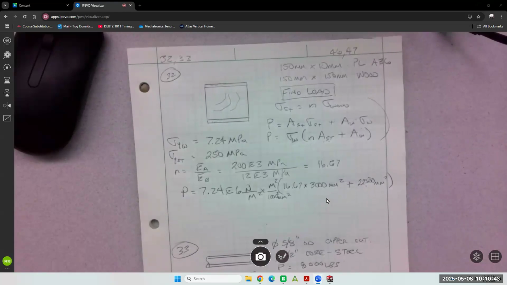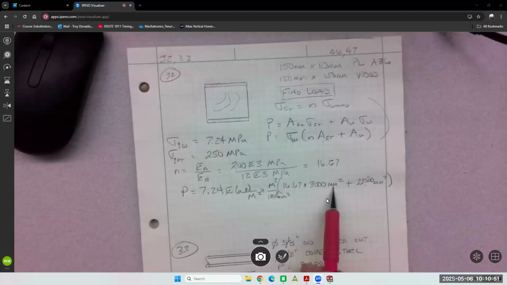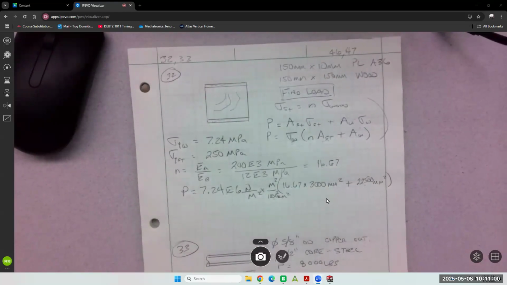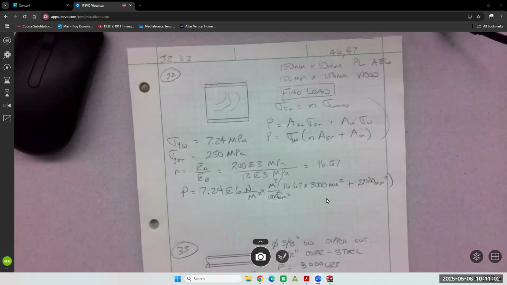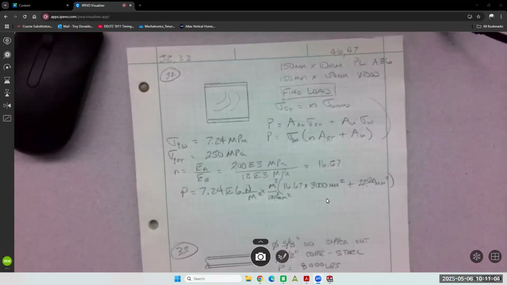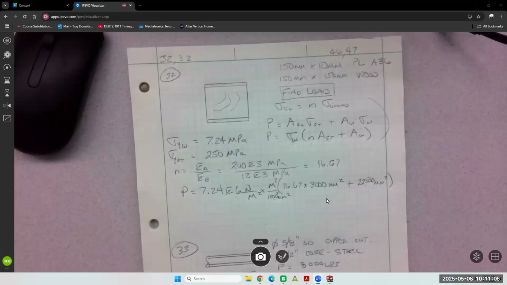To get those units worked out, you have to divide by 1,000 squared, because we have millimeters squared in here. In the future, you might want to just put meters in for this area, and then you solve your problem. But if you just put the millimeters in, you have to deal with that. Okay, let's see if I can calculate this number.